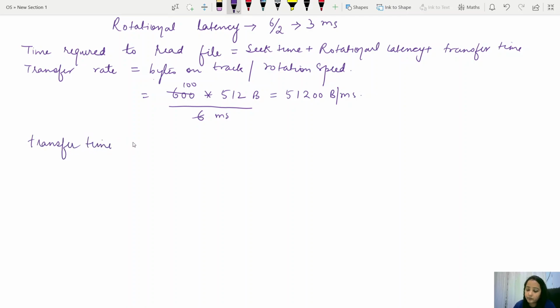Transfer time will be data transferred divided by the transfer rate.